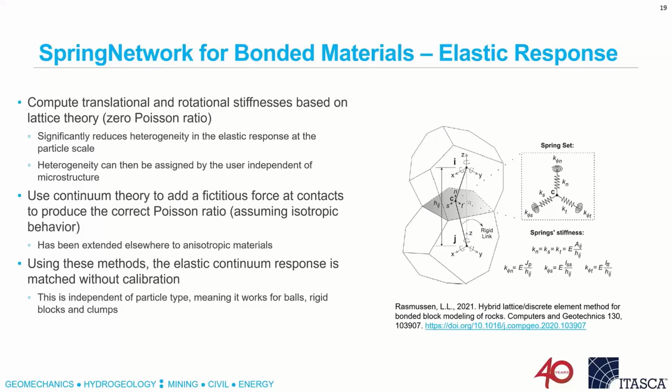Then there's an additional computation which relies on the stresses for the pieces in contact, if they're rigid blocks or balls in contact. Based on the stresses of those pieces, there's a Poisson's correction through a fictitious force. This allows you to match both the Young's modulus and the Poisson's ratio without calibration.